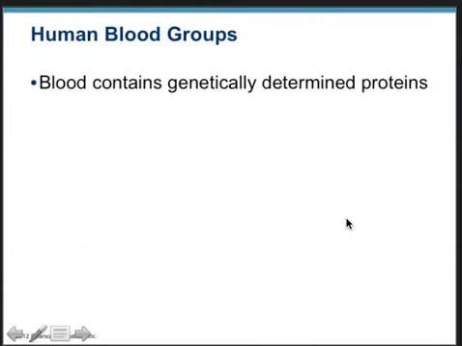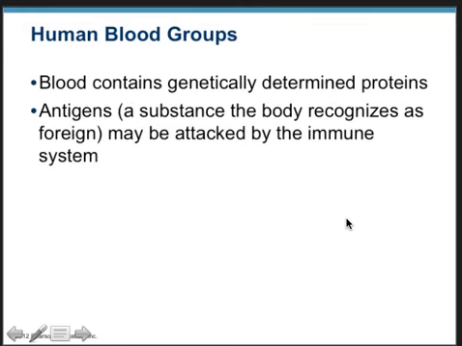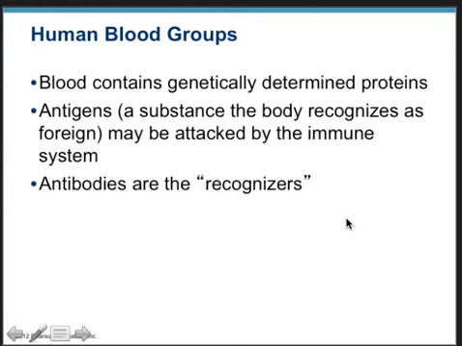Blood contains genetically determined proteins. Antigens are substances that identify cells as belonging in the body or not. They can be recognized by the immune system through proteins that are called antibodies, or other proteins that are called T-cell receptors.